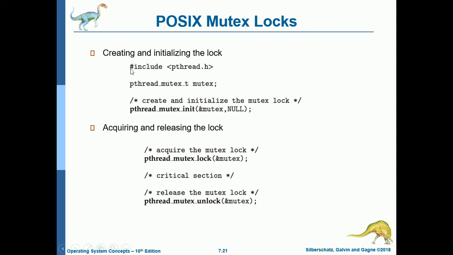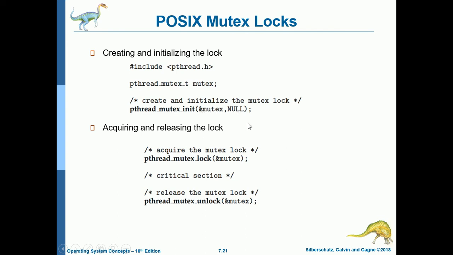We have this library, #include <pthread.h>, then pthread_mutex_t mutex. We create and initialize the mutex lock by using pthread_mutex_init, which means initialize, and its parameters are &mutex and NULL.